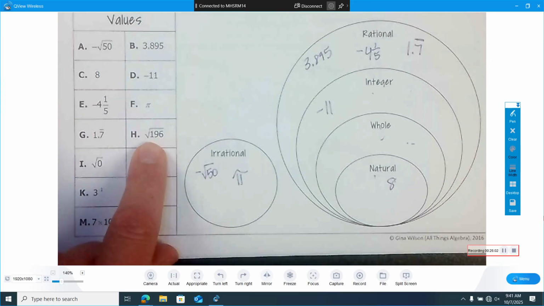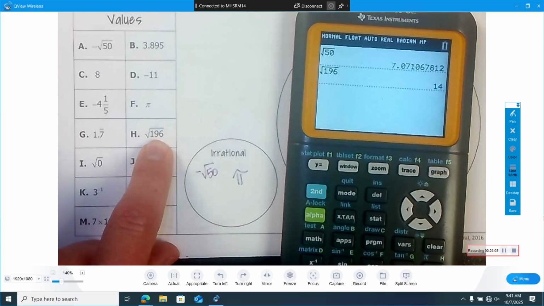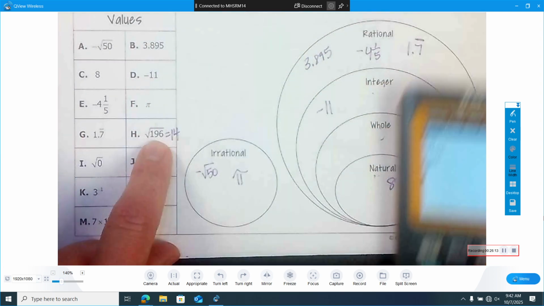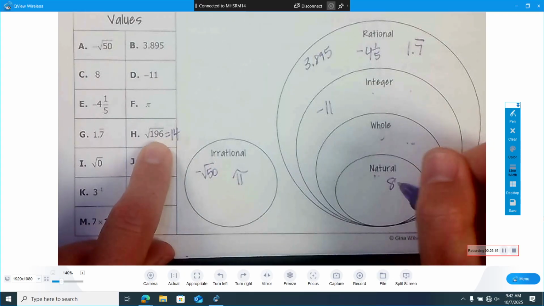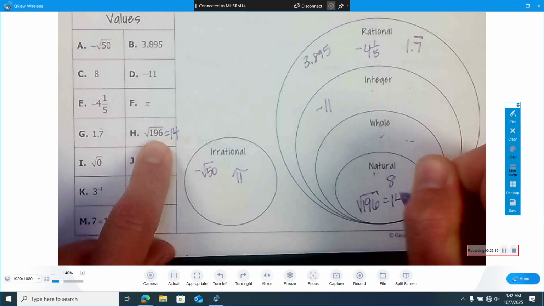Ooh, I don't know about the square root of 196. What should I do? Calculator. So the square root of 196 turns out to be 14. So where should that go? Natural numbers. That's where it first appears because it equals 14.